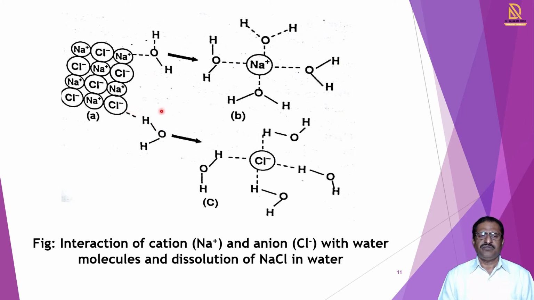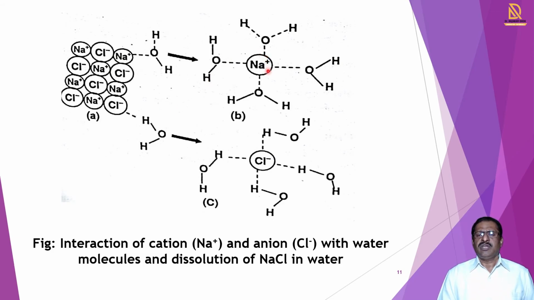So in this way, negatively charged oxygen attracts positively charged Na, and positively charged hydrogen of the water molecule attracts negatively charged Cl. In this way Na and Cl are attracted in opposite directions, and there is breaking of the bond between Na and Cl. That is shown simply here.